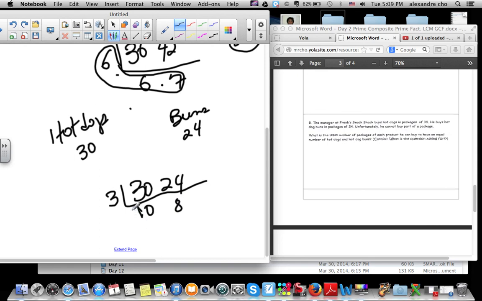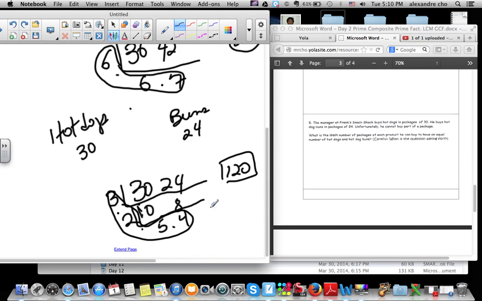Another number, we can continue this, because 2 goes into 10 5 times, and 2 goes into 8 4 times. So there. We can't continue with the 5 and 4, so our LCM is going to be these 4 numbers multiplied, which is 3 times 2 times 5 times 4. 6 times 5 is 30, and 30 times 4 is 120.